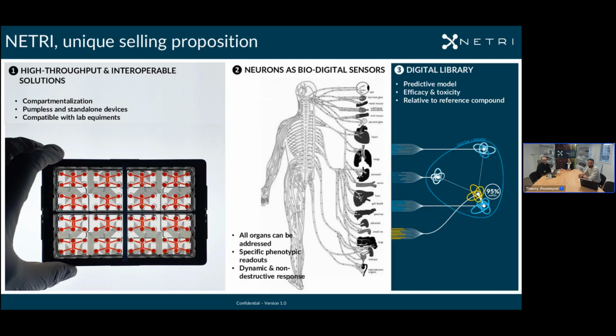So, as you understand, the technology we are using is based on compartmentalization and separation of the culture, and the ability to link them together through microchannels. That gives us the ability to mimic the body's compartmentalization.